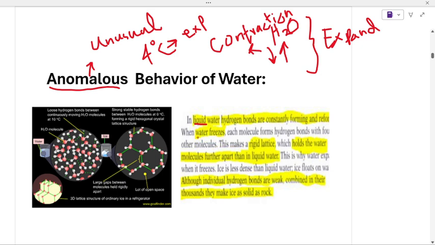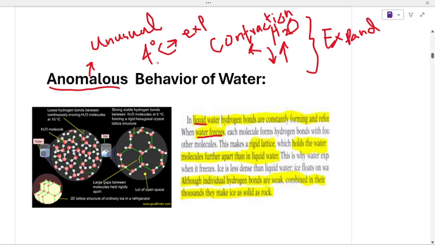But when water molecules freeze, when they reach the decreased temperature of 4 degrees centigrade, and then we decrease it towards 0 degrees centigrade, it will show an anomalous condition.